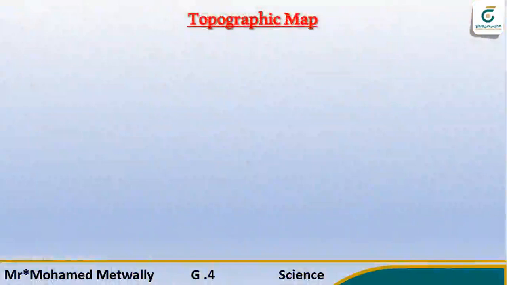Okay, turning to topographic map. What is a topographic map? In the previous slide, I gave you the definition of map, and we said a map is a tool to locate different features on land or underwater. There are many kinds of maps. One of them is topographic.